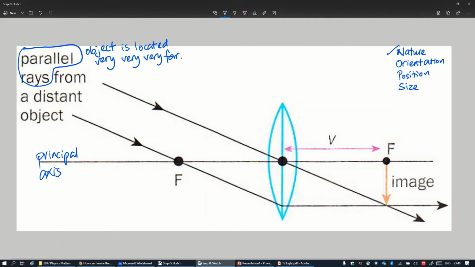So in this case, we can say that the image is now inverted. Okay, the image is formed on the opposite side of the principal axis and is now inverted.